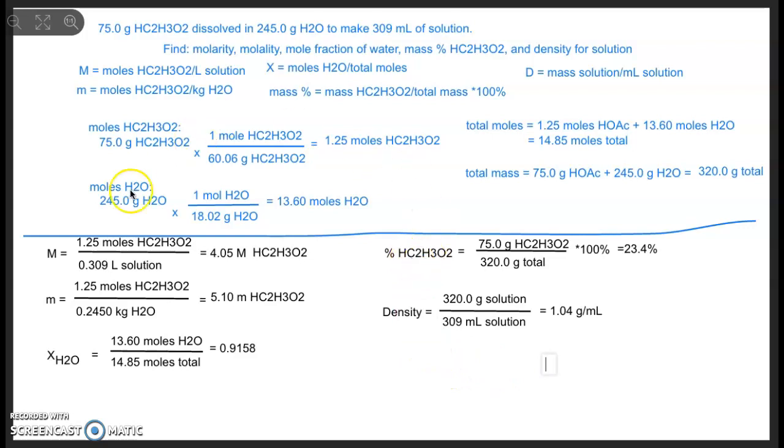So this is probably as complicated as a solution problem can get, but you can see that with very limited data, we can solve a lot of questions about concentration. All we need to know is how much by mass each component makes and what the total volume is, and we can figure out all of these different concentration values.